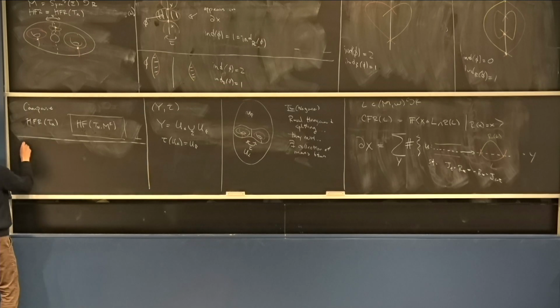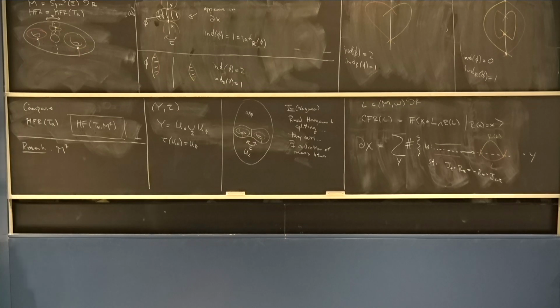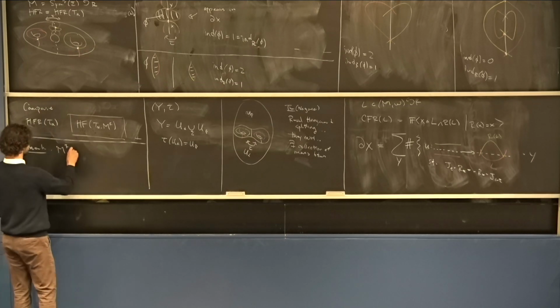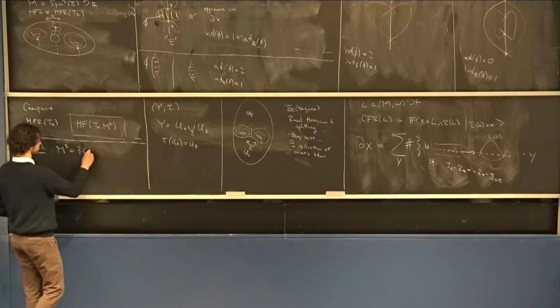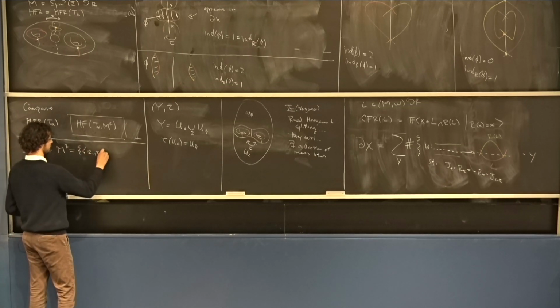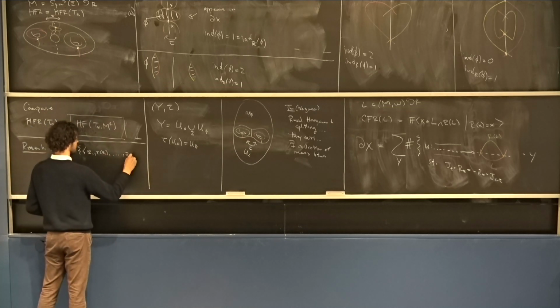And maybe I'll remark, what is the fixed set of this involution in Sym^g? It looks like tuples of the form some point z and its image under the involution, and I have some number of these.